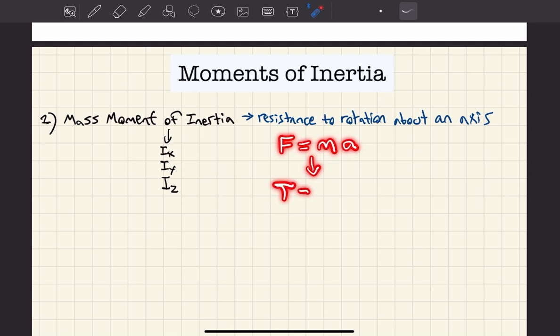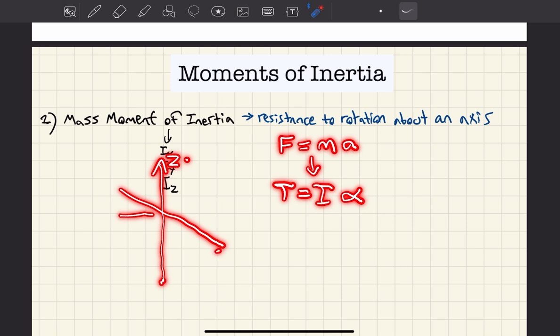I know that torque is equal to the mass moment of inertia multiplied by an angular acceleration. Okay, what the heck does that mean? Well, let's say this is my z-axis. This is my x. This is my y. Plus x, plus y, plus z.